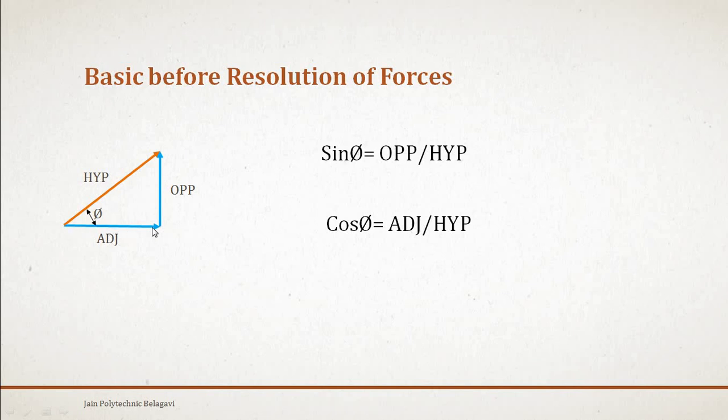The force X is the horizontal force, and force Y is in the vertical direction. This force Y can be kept at this corner also. So the force in the Y direction is shifted here to form a triangle to resolve these two components Fx and Fy using trigonometry.